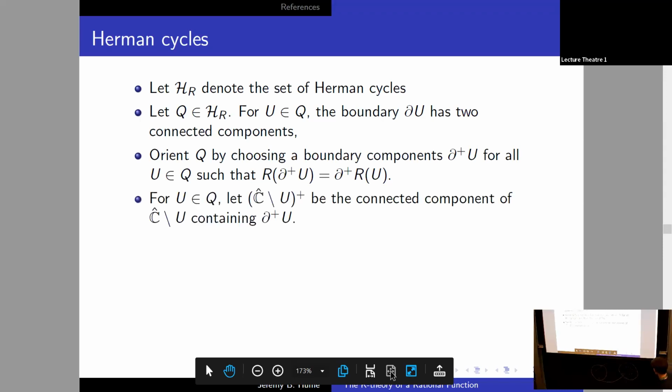Okay, so now the cycle is going to split the complex plane into two components. And we'd just like to keep track of the component that contains our chosen boundary part. So we can shade that in here. And also here.